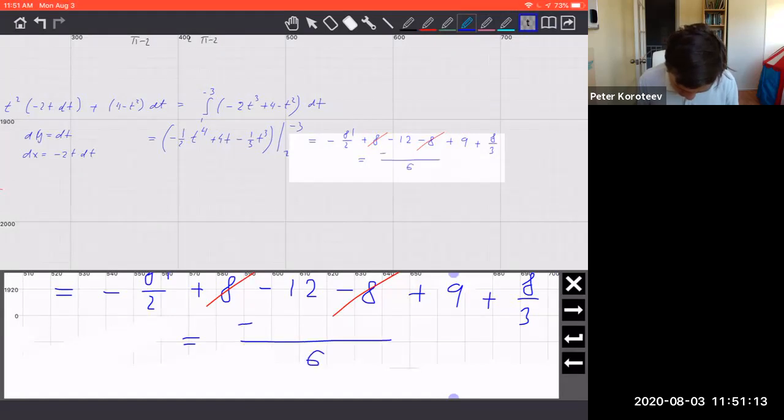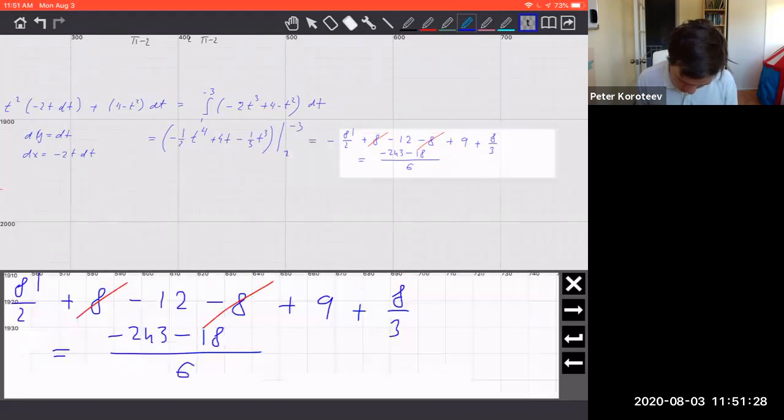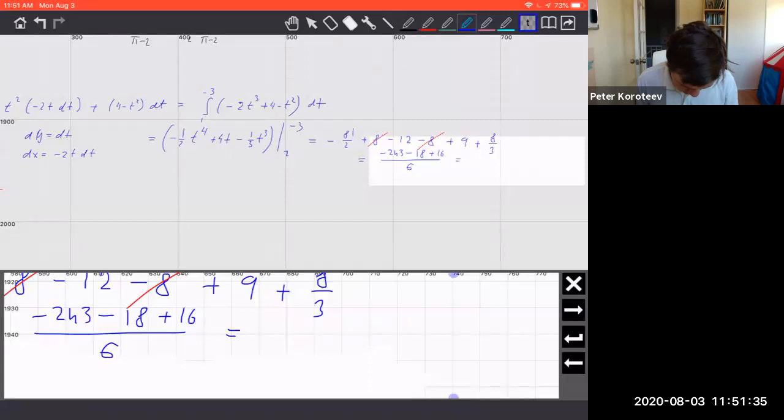So it's minus 243 minus 3, so minus 18 plus 16. So I got negative 245 over 6. That should look better now.